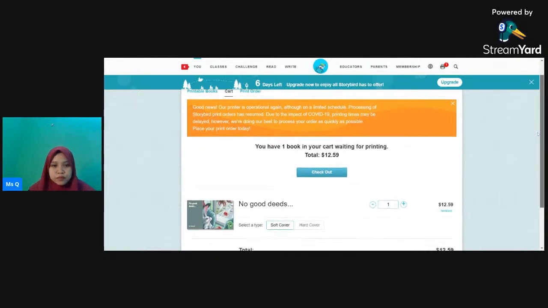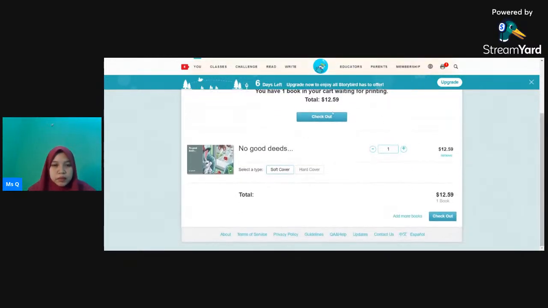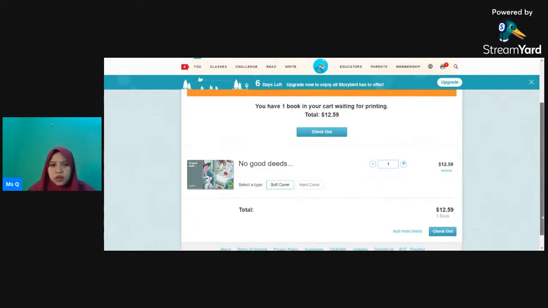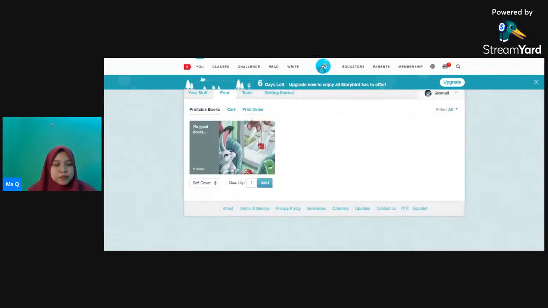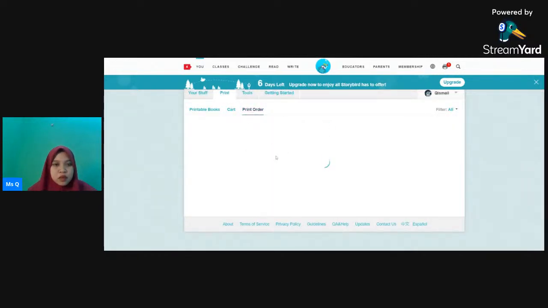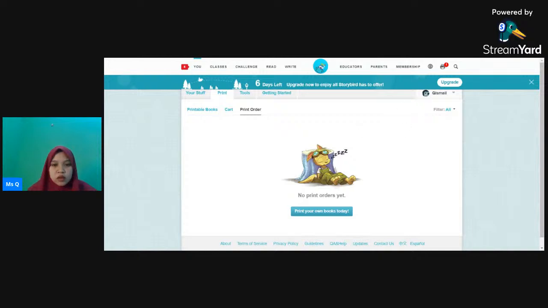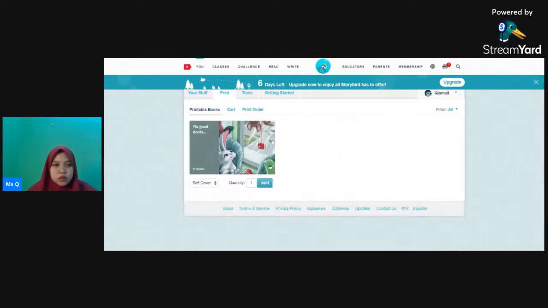So you can buy if you want to, but it's quite expensive. It's in US dollars. So you can just print your books here.